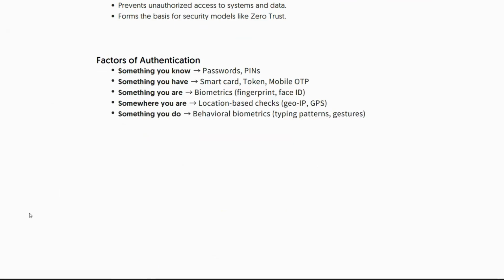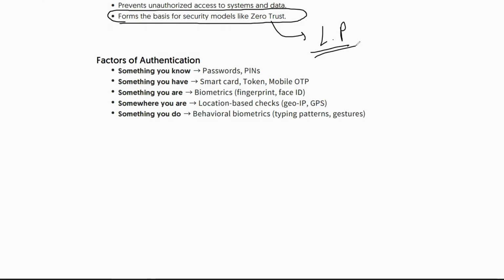It prevents unauthorized access to systems and data, and forms the basis of security models like zero trust. One of the principles of zero trust is least privilege. What do we mean by least privilege? You authenticate and give access only to people who need that access, at the minimum level required.